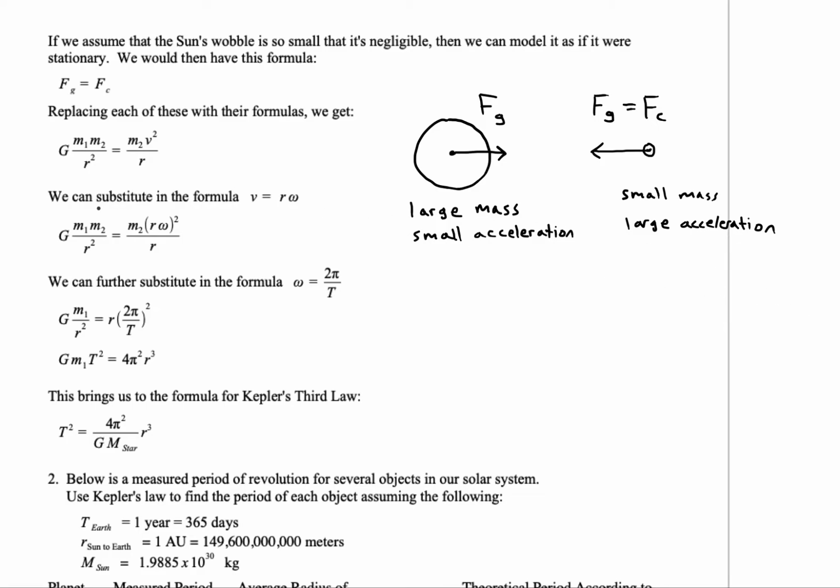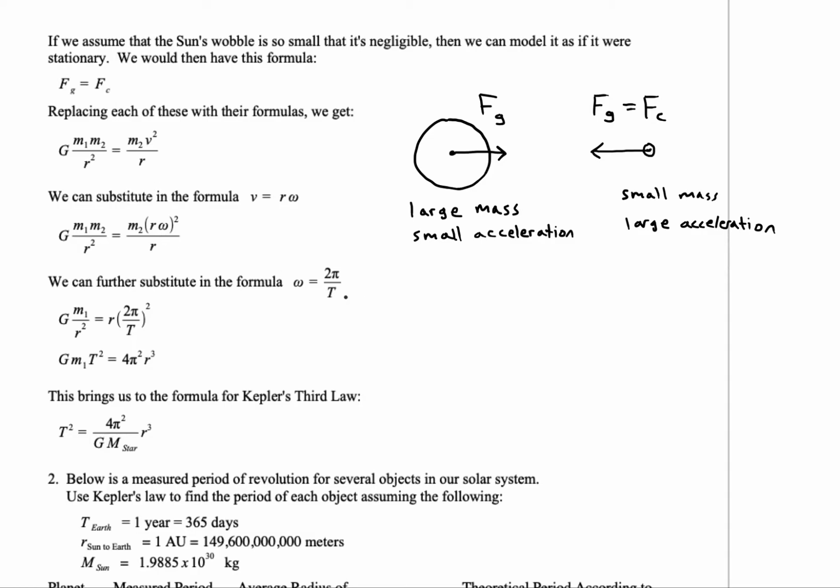So if you set them two equal and do some substitutions here, you can find what's called Kepler's third law for the motion of orbiting objects. Now here we use a quantity which is the angular speed.